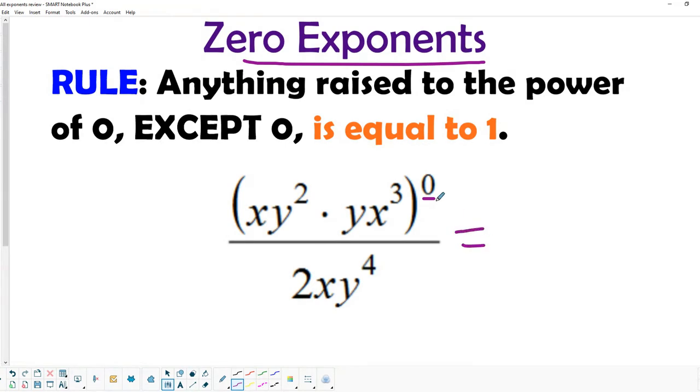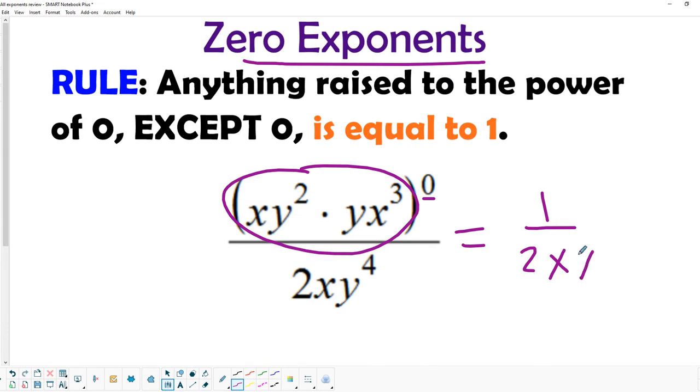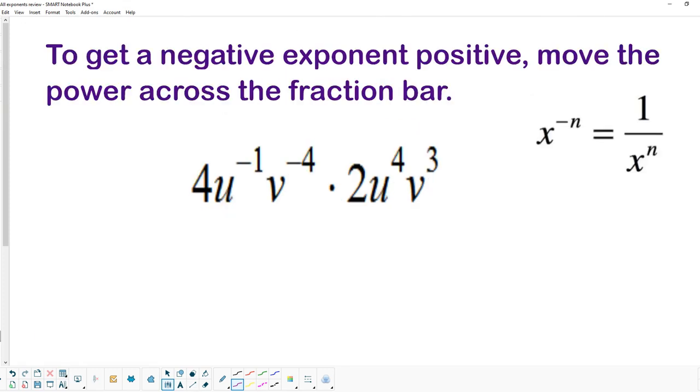Well, if that's the case, then anything raised to the 0 power equals 1. So we can replace all of that with 1. And then on the bottom we have 2x y to the fourth. And none of those are 0 or negative or anything like that, so we don't have to do any further simplifying. That's already simplified.